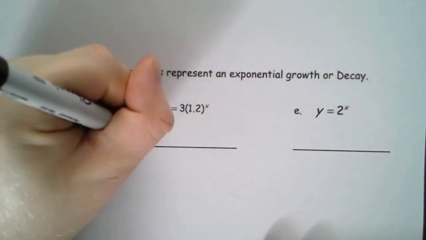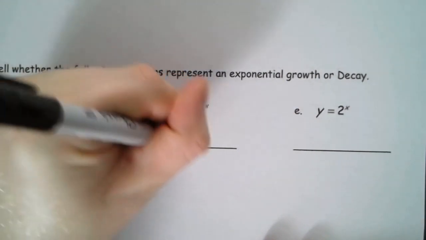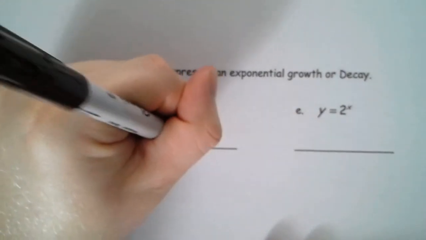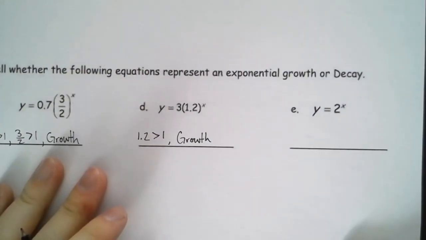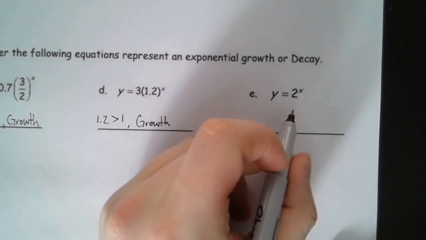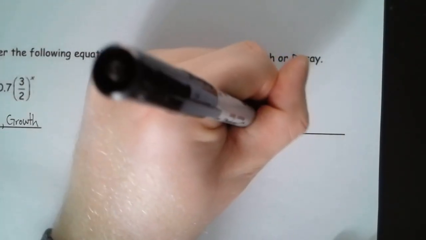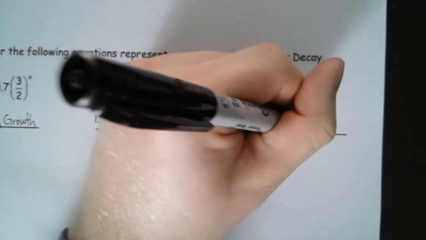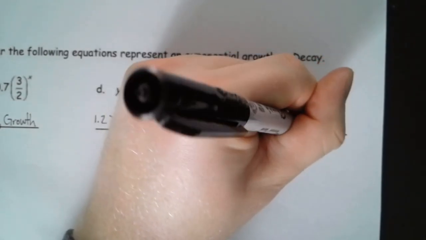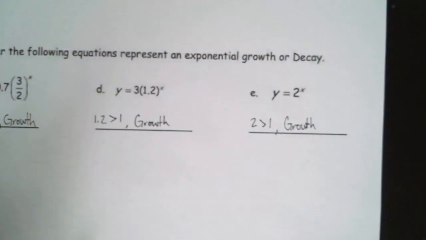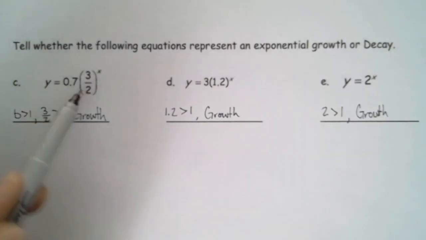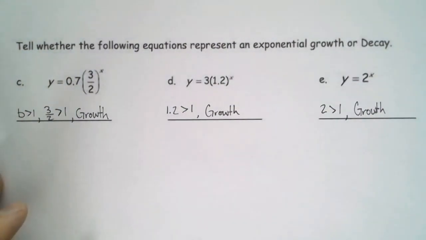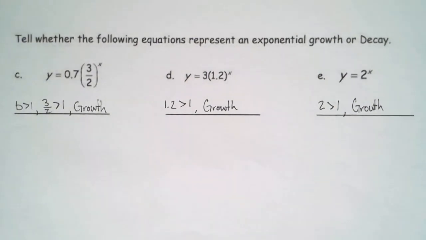Here we have 1.2 is our b value. 1.2 is larger than 1. So once again, we have growth. And here, 2 is our b value. So 2 is larger than 1. So we have growth here as well. So without actually plugging anything in, making any tables, making any graphs, we can just look at the b value and determine, is this growth or decay?